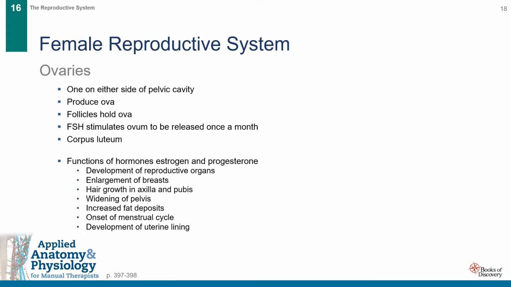Estrogen is also necessary for the onset of the menstrual cycle. Progesterone is important to supporting development of the uterine lining needed for egg implantation and development.